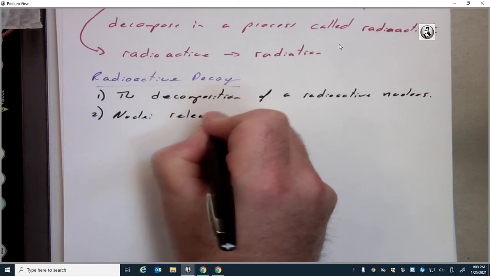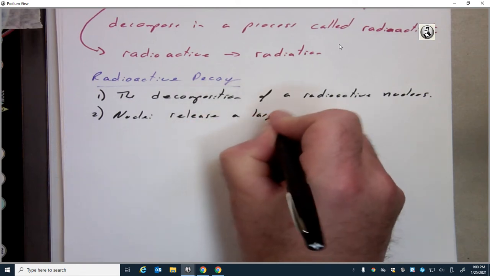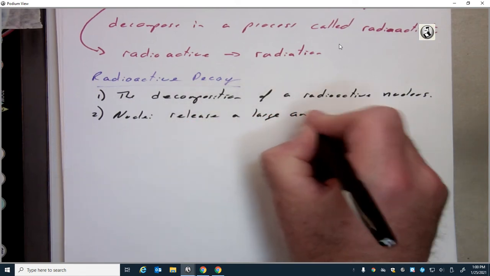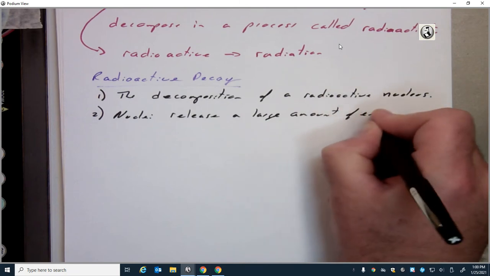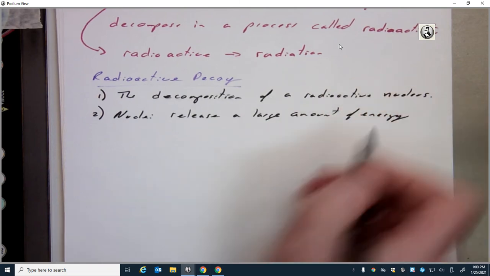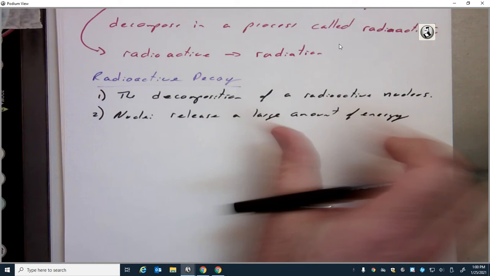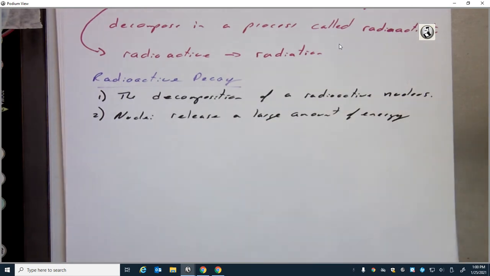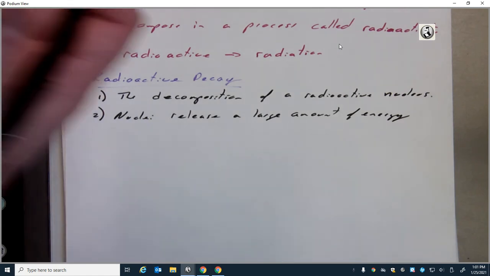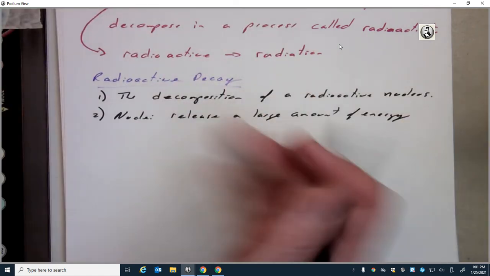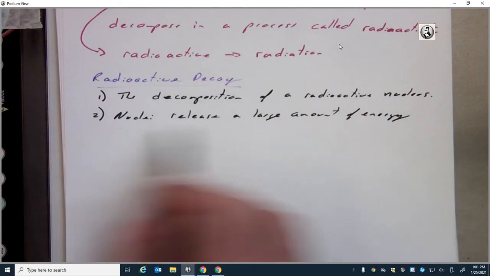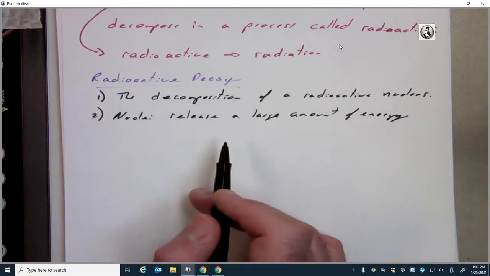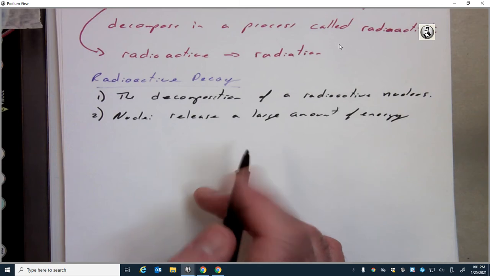This energy is much more than if we're breaking bonds. If we break bonds, energy is absorbed, and when a bond forms, energy is released. But this is a much larger amount of energy that we're dealing with.